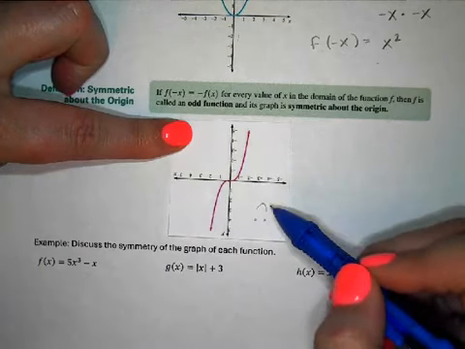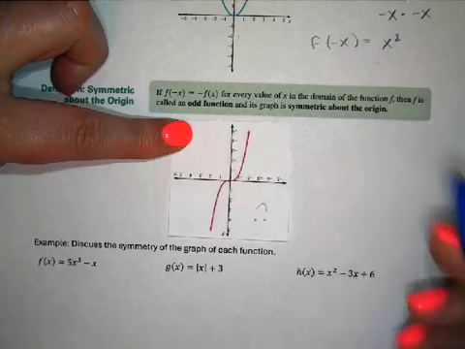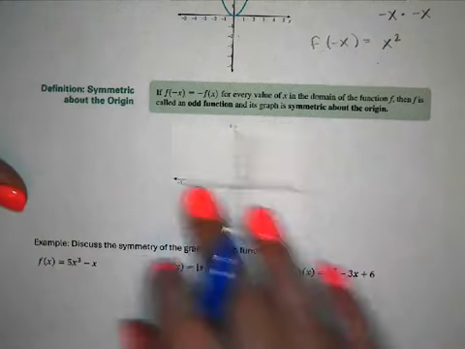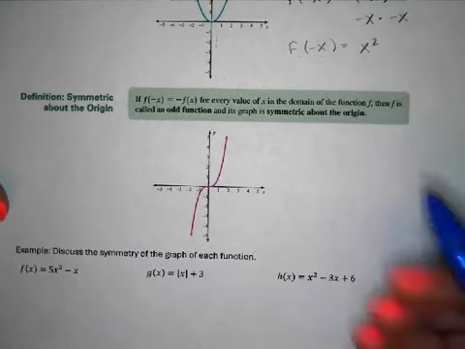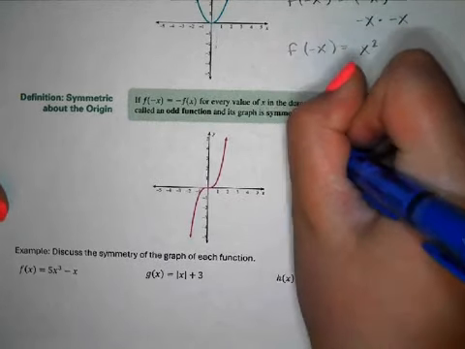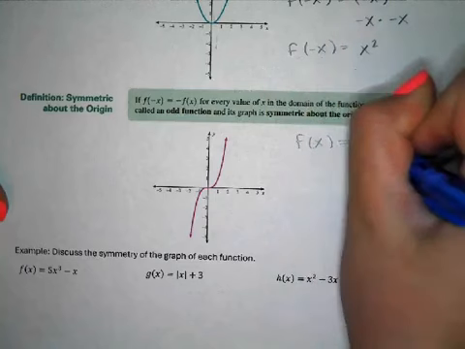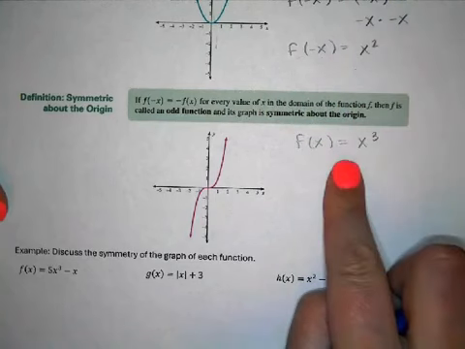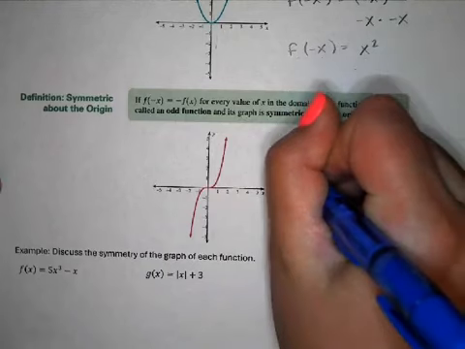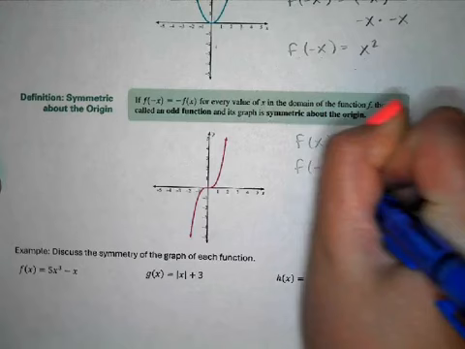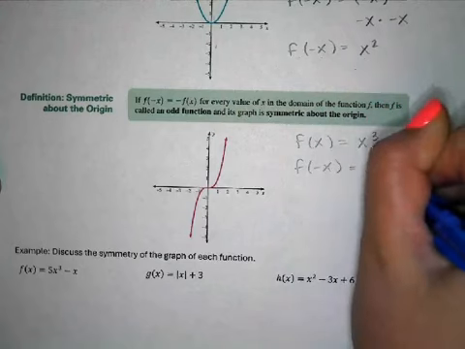If that's the symmetry that you have, then a function is odd. So if we have an odd function, f of x is x to the third, which is the graph we're looking at here, then the way you can check algebraically whether it's symmetric about the origin is to plug negative x in, and it's going to be different from what we saw before. What we saw before is you get the exact same function. Here you don't.